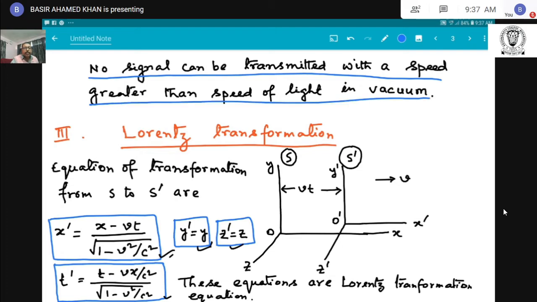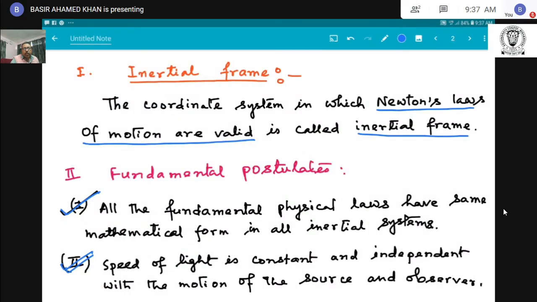This is the second postulate. That means there are two postulates. One is that all the fundamental physical laws have the same mathematical form in all inertial systems, and the second is that the speed of light is constant and independent of the motion of the source and observer.